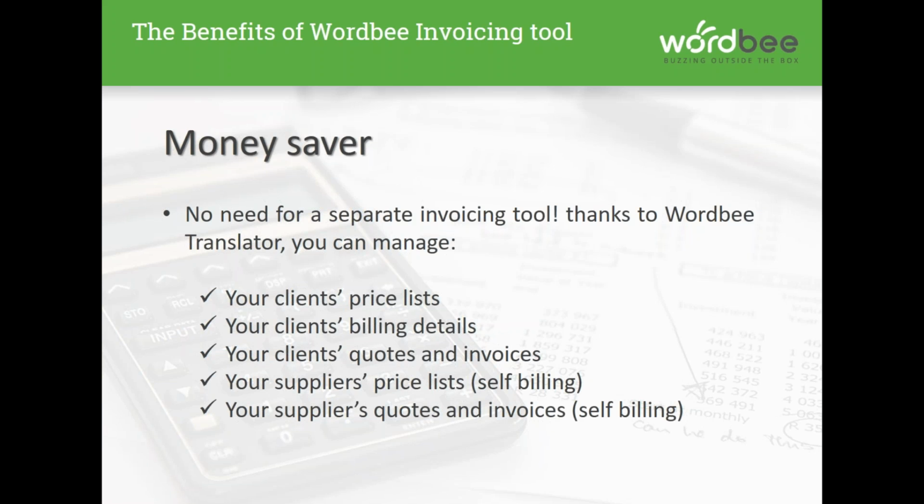Then you can see automatically how much you'll pay for a translation job, for instance. And also you'll be able to create yourself the invoices and quotes for your suppliers for self-billing, because thanks to Wordbee Translator you have control of the costs.